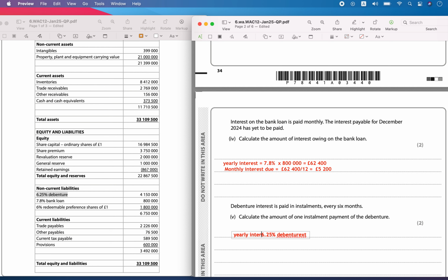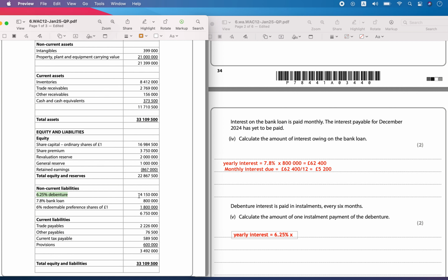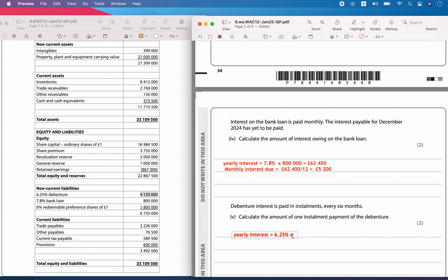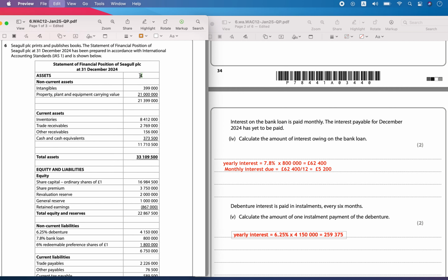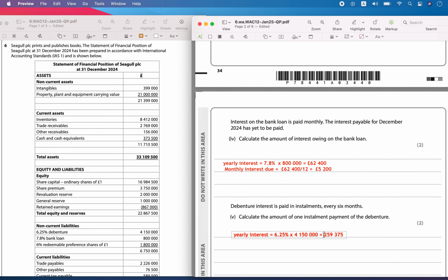Yearly interest is equal to 6.25% of 4,150,000, which is equal to 259,375 pounds.